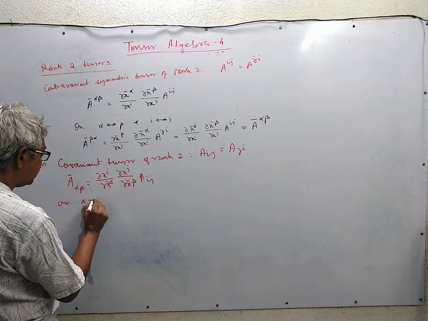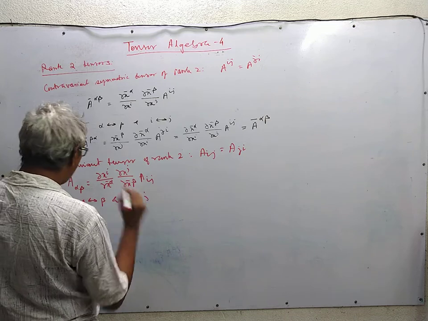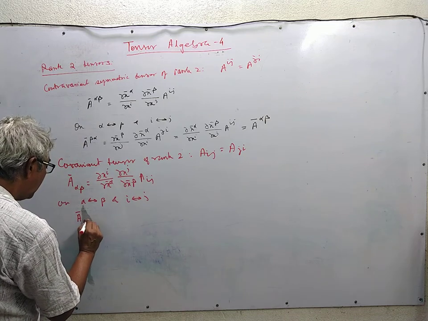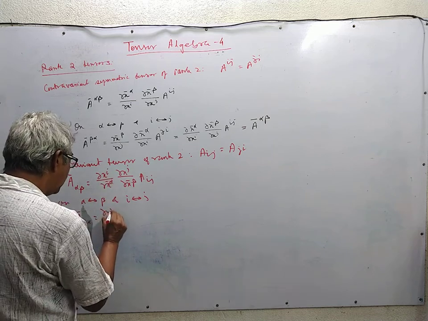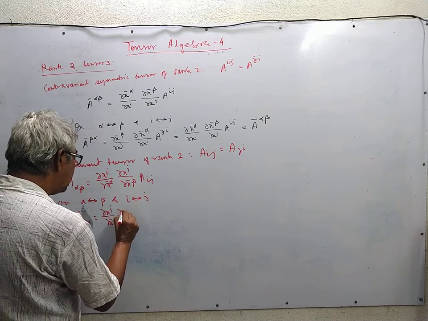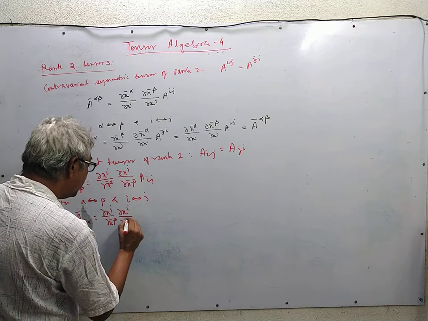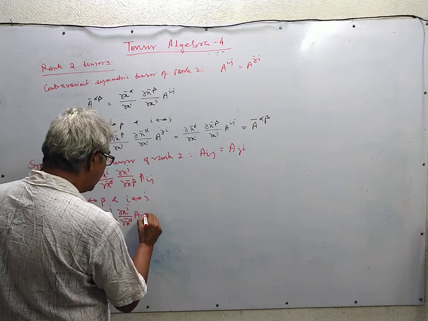On interchanging between alpha beta and i j, what do we get? We get A bar beta alpha is equal to del xj by del x bar beta, del xi by del x bar alpha, A of ji.